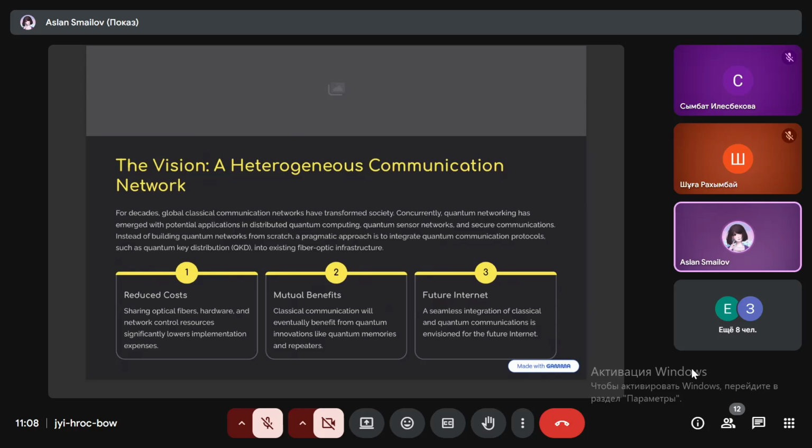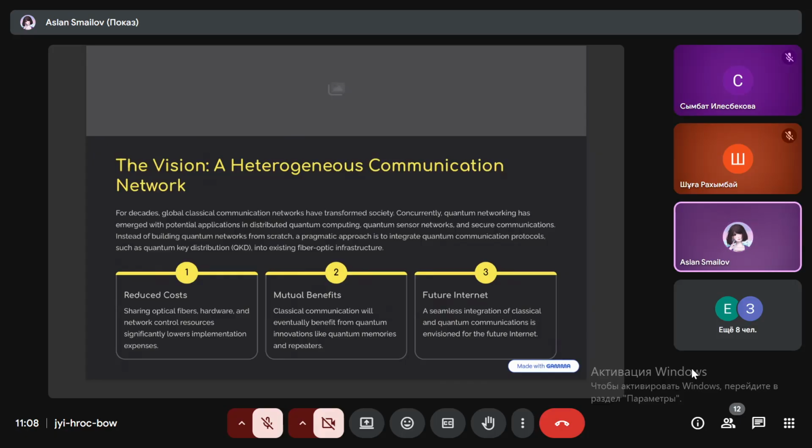Next one is mutual benefits. Classical communication will eventually benefit from quantum innovations like quantum memories and repeaters, and the future internet. A seamless integration of classical and quantum communication is envisioned for the future internet.